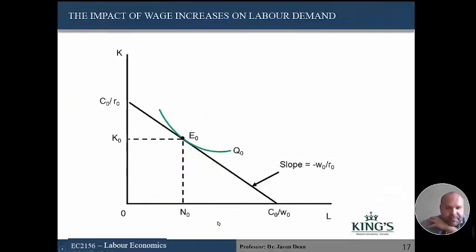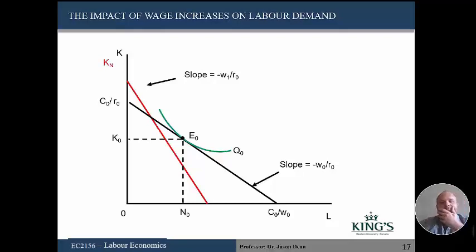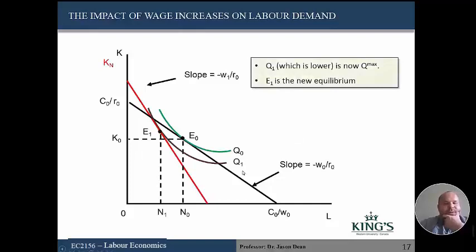So back to our diagram. Initially we were here at E0. There's our isoquant for Q0. The wage increased. Okay, but now we have a new Q that we want to minimize costs. So here Q1 is the new profit maximizing level of output, and this isocost line is the isocost line with the lowest cost, such that you can produce Q1.